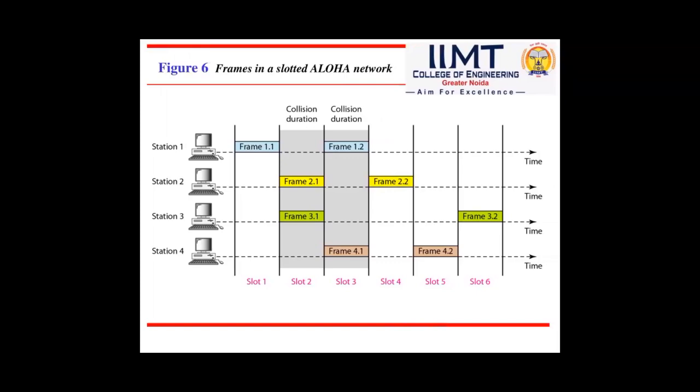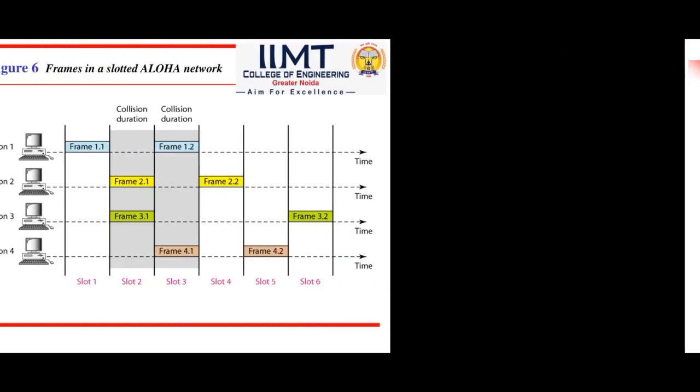In the previous case we saw only 2 frames delivered successfully, and in this case 4 frames are delivered successfully. So it has better utilization and better throughput compared to pure Aloha.